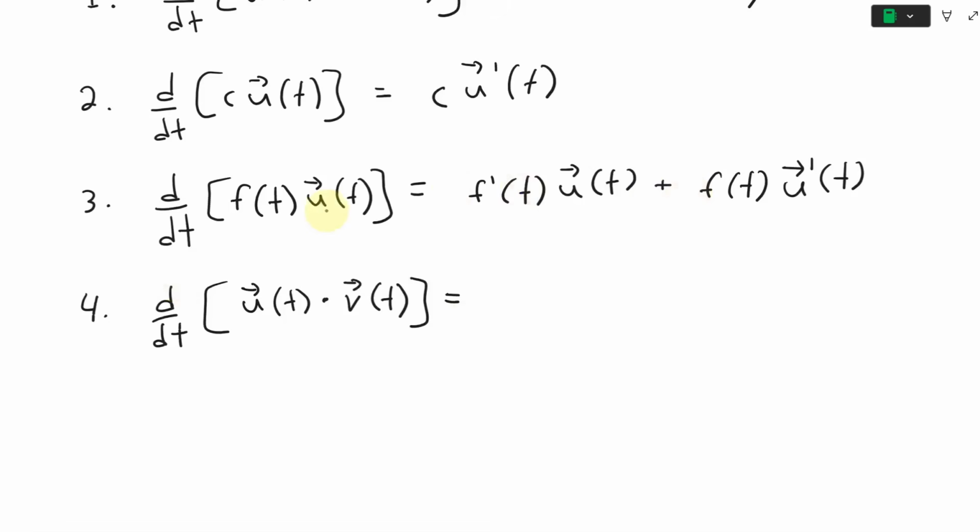This equals u prime of t dot v of t, and then plus, now we do the reverse, u vector dot product with v prime of t. So it's kind of like the product rule, but with dot products.